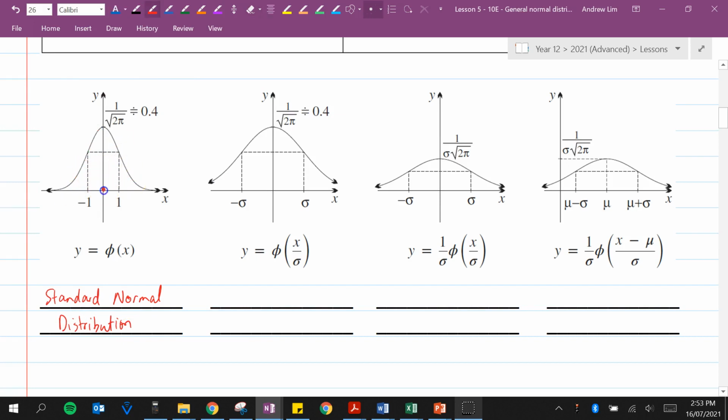The mean is 0. The mean is where the highest part of the bell curve is. And the points of inflection are both 1 standard deviation away from the mean of 0, at z equals minus 1 and 1.